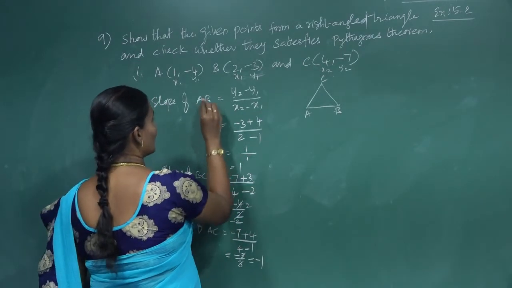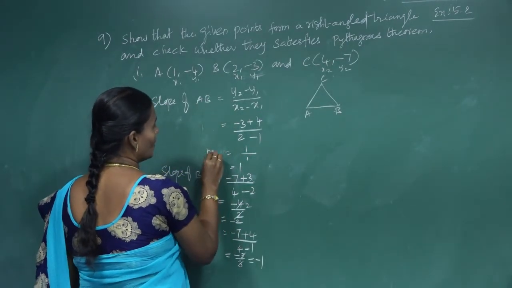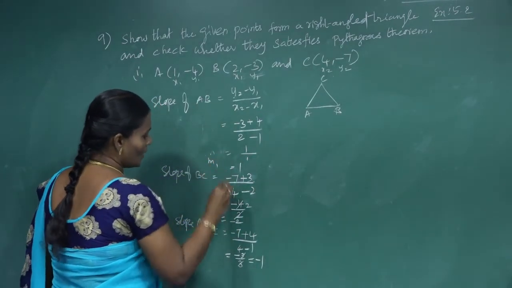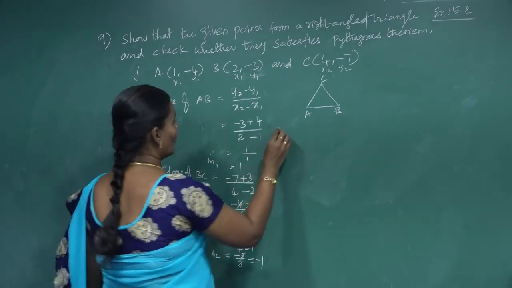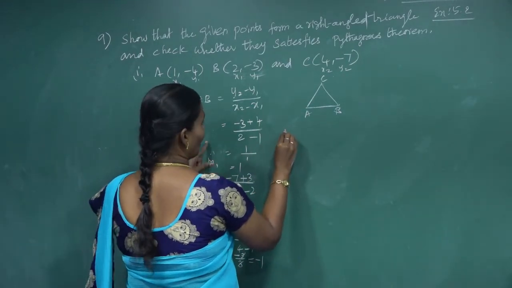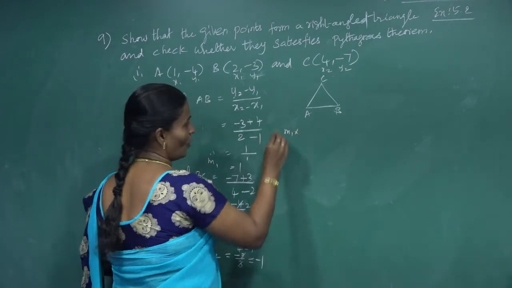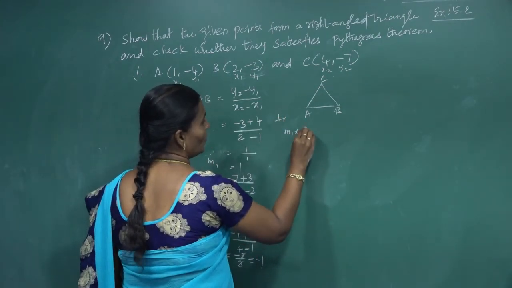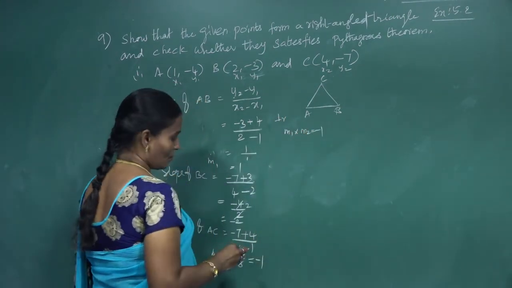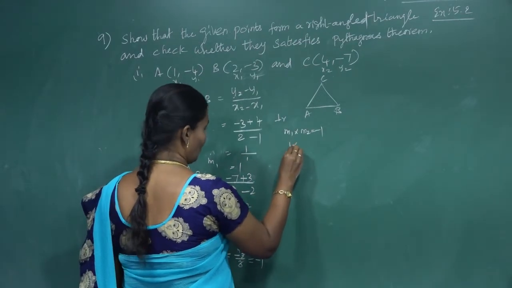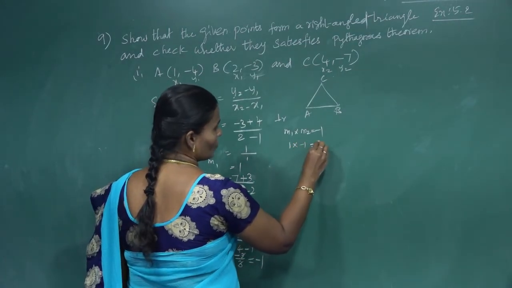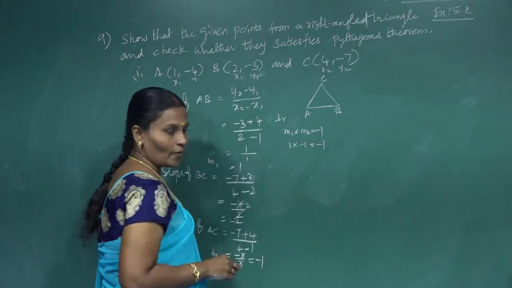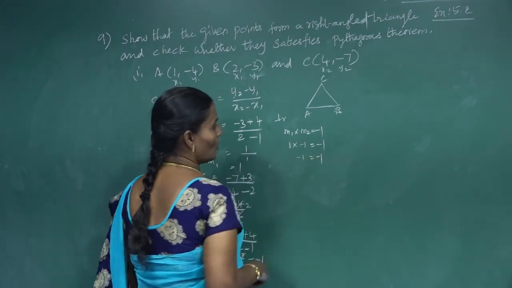So you consider this slope M1, and here M2. What is the condition for perpendicular? M1 multiplied by M2 is equal to minus 1. So M1 is 1 multiplied by minus 1. This gives minus 1. So minus 1 is equal to minus 1.